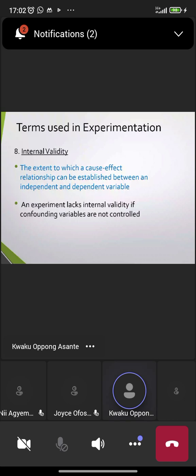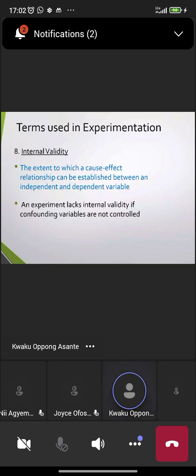I talked about internal validity. If we are sure that self-esteem is the only thing that influences body image, and we are sure that we've controlled all possible extraneous variables, then we can say that our experiment has achieved internal validity.